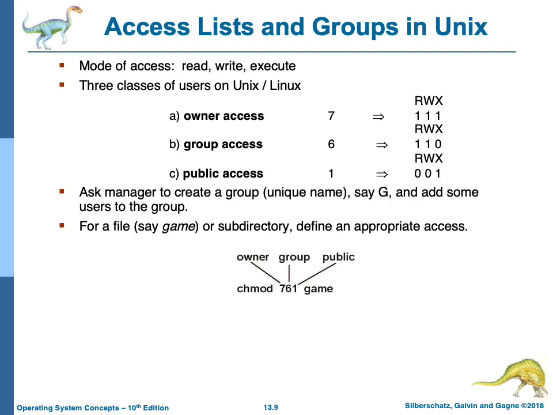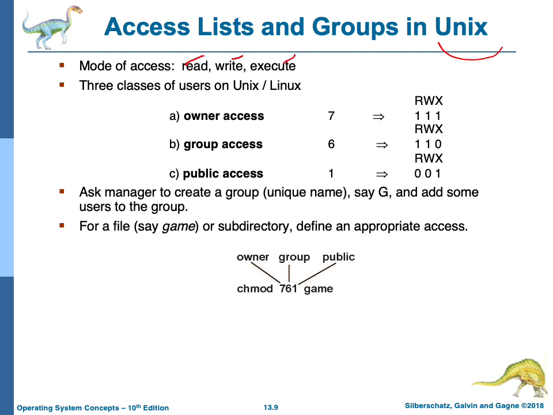And so to protect a file, there are different ways to do that depending on which operating system we're talking about. Under Unix, you can use things like access lists and groups to protect access to the file. There are different modes of access, namely read, write, and execute.